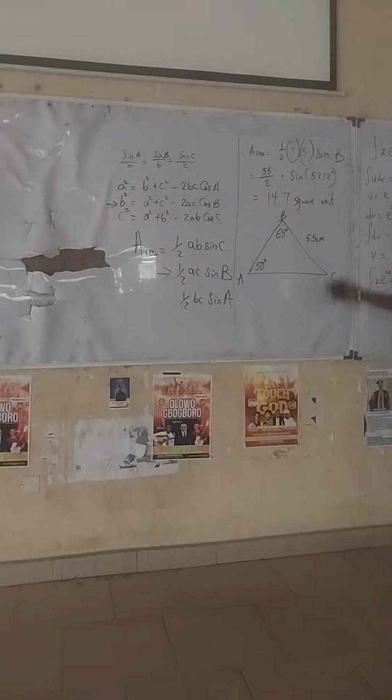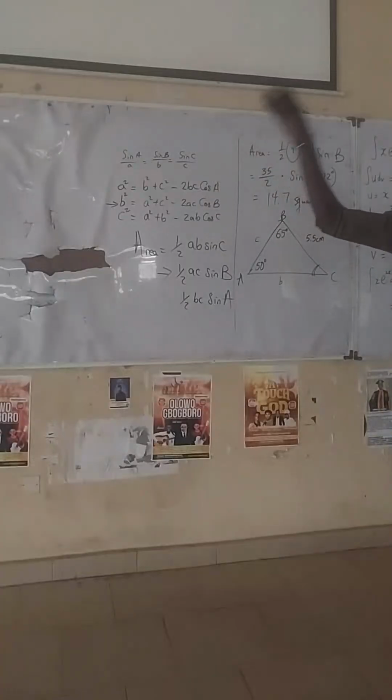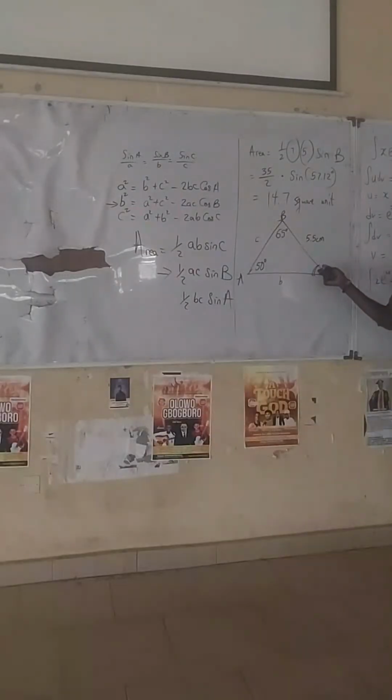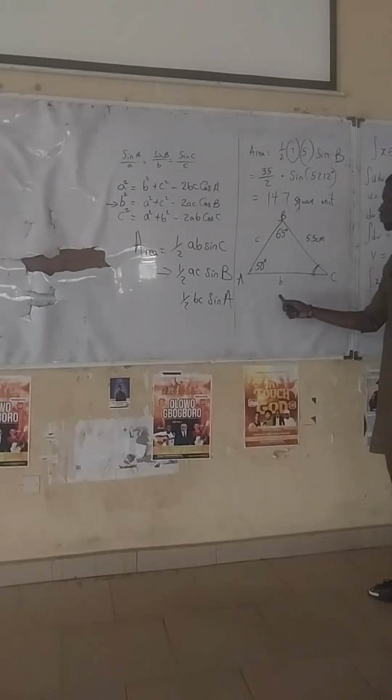So in this one, you don't have small c, small b, which means you are looking for what? The question says find the angles and the sides of this triangle. So meaning find the angle that remains and the other sides that remain, which is this B and C.